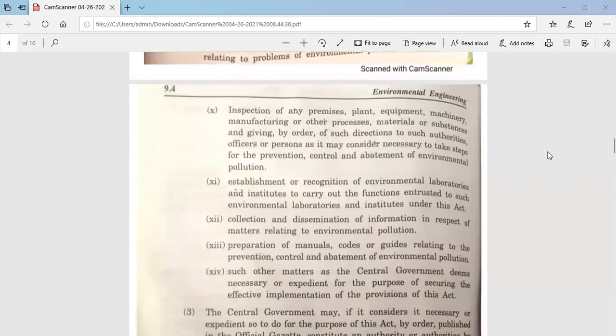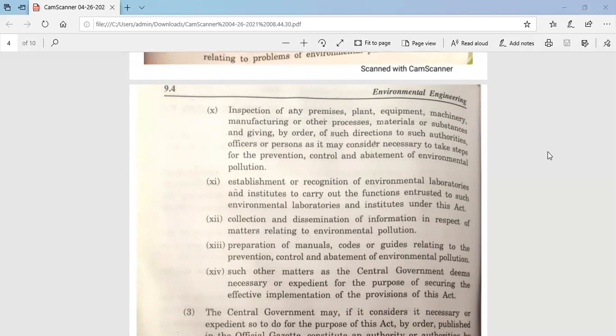Inspection of any premises, plants, equipment, machinery, manufacturing or other processes, materials, or substances, and giving, by order, such directions to such authorities, officials, or persons as it may consider necessary to take steps for prevention, control, and abatement of environmental pollution.